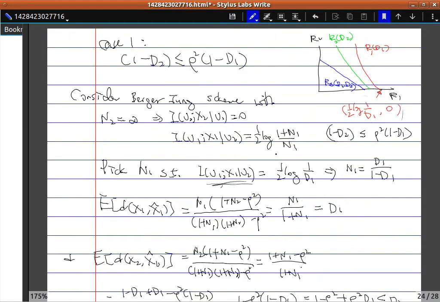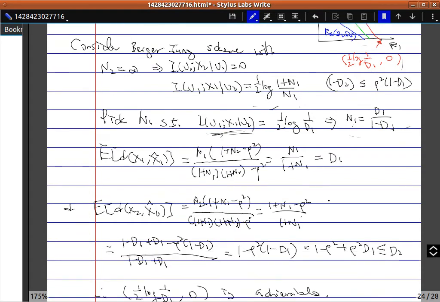And for this one, we want to target this rate to be 1/2 log 1 over d1, so that gives us m1 equal to d1 over 1 minus d1. So we pick m1 equal to this, and n2 equal to infinity. Now we need to show that for this particular choice, the distortion satisfies the constraint.